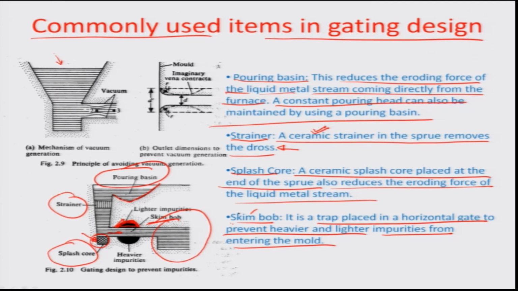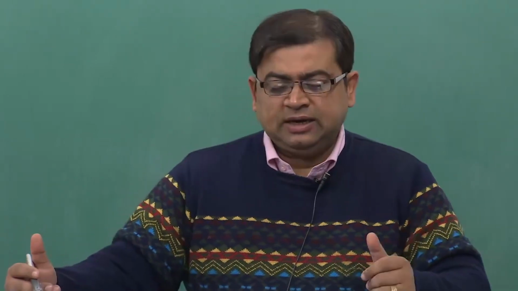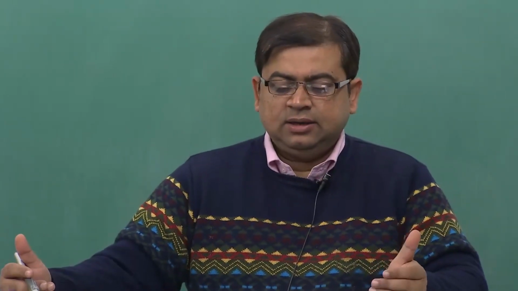So, now I would just look at a slightly different variant of the strategy that we did earlier for energy balance on a horizontal gating system. So, there we considered an ideal situation where there was no frictional effect as such, and there was no effect because of the velocity distribution.